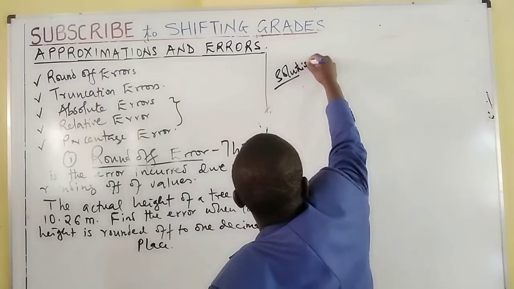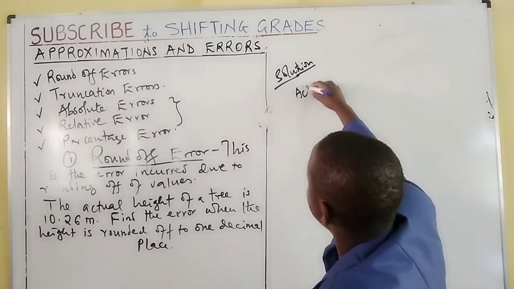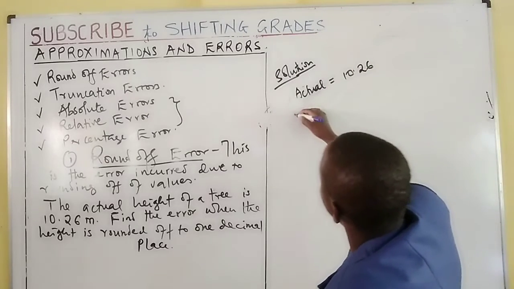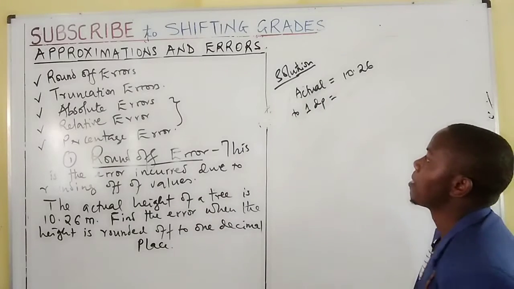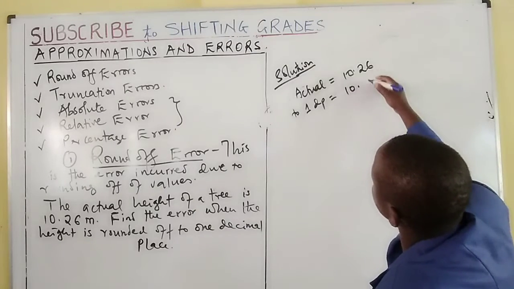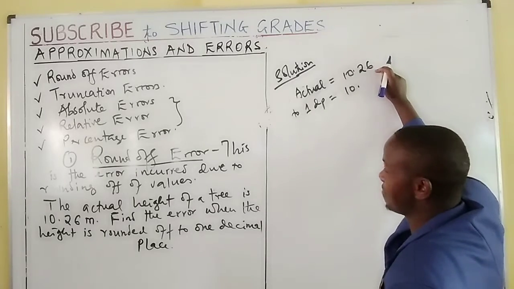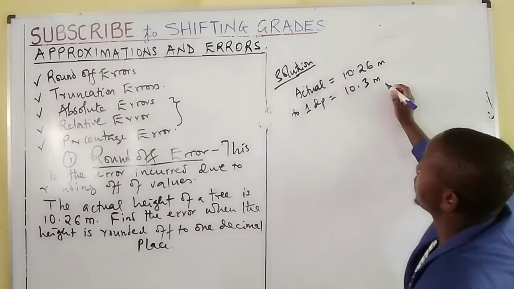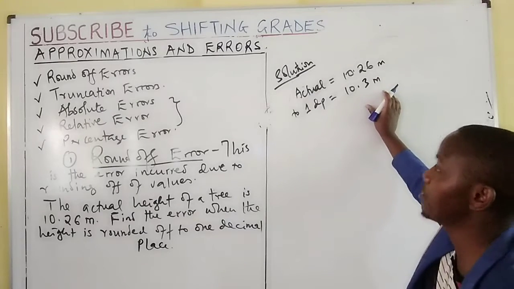Solution. In this case, we got the actual height as 10.26. To 1 decimal place, which is now the estimated value, it will be 10 point, the first decimal place, then we consider the second digit, it's a 6. Therefore, a 6 is above 5 and can increase the 2 to 3. Therefore, the rounded off value to 1 decimal place is 10.3 meters.